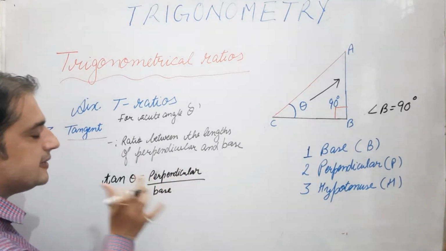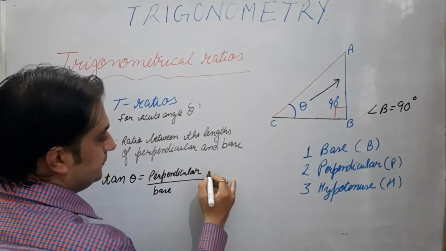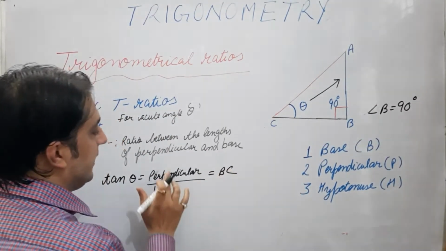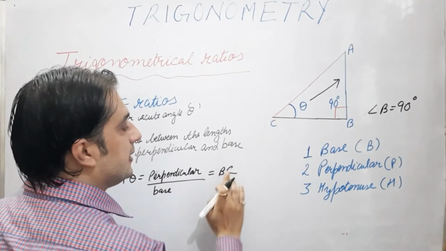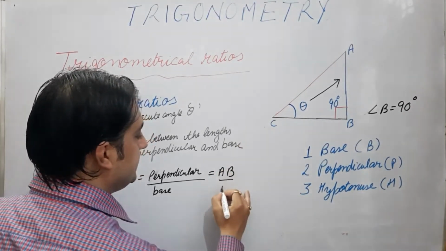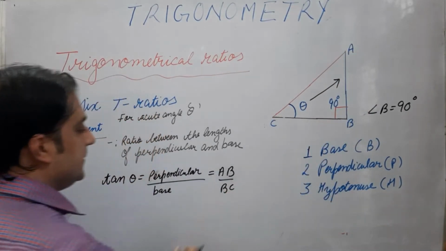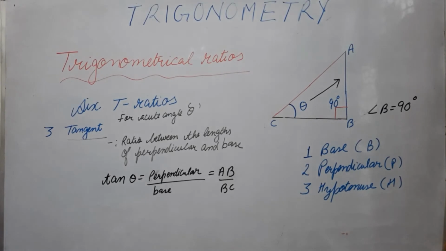The length of perpendicular is AB and the length of base is BC, because for this angle the opposite side is AB and the adjacent side is BC. So this is the third T ratio, the trigonometrical ratio, the ratio between the lengths of perpendicular and base.